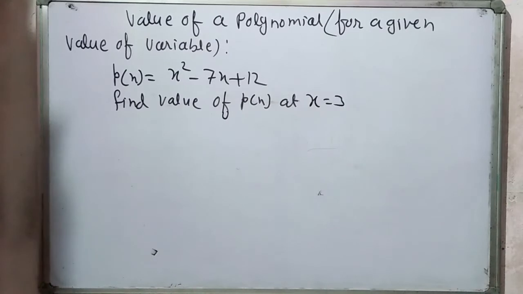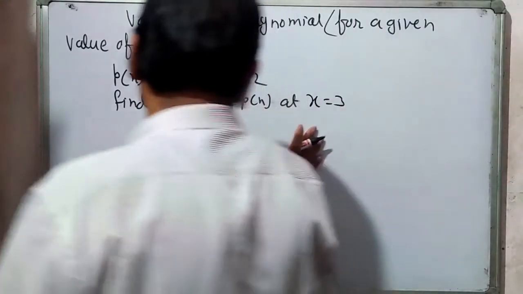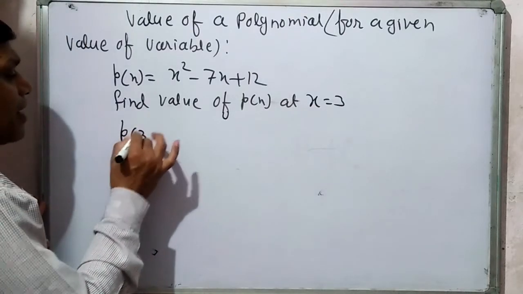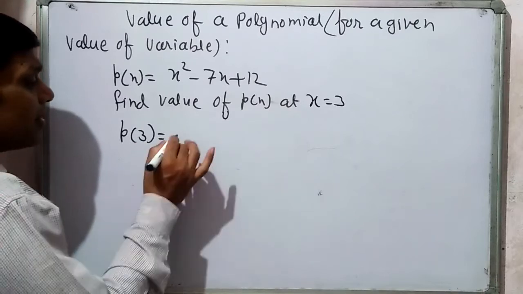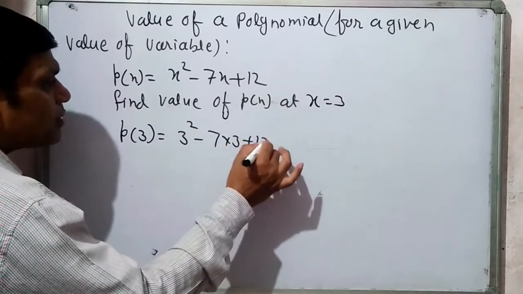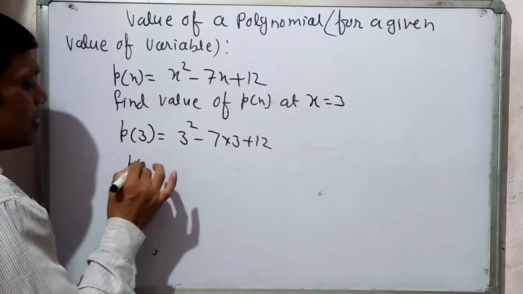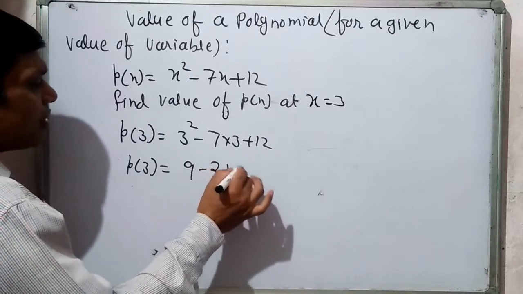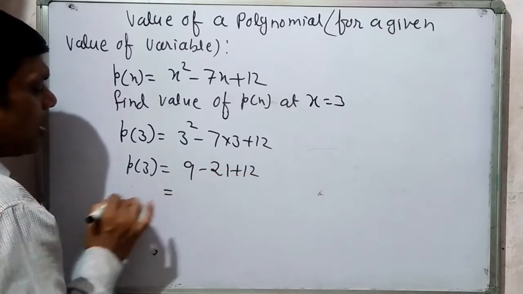Let us find them. Next, suppose we want to find the value of p(x) at x equals 3. Observe it very carefully what happens. It should be 3 square minus 7 into 3 plus 12. What this will give us? 9 minus 21 plus 12. How much it is?